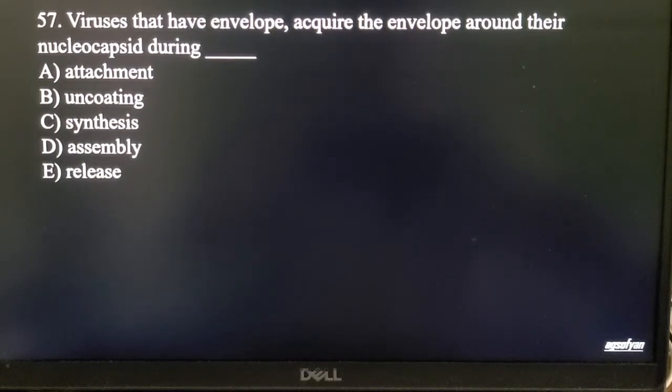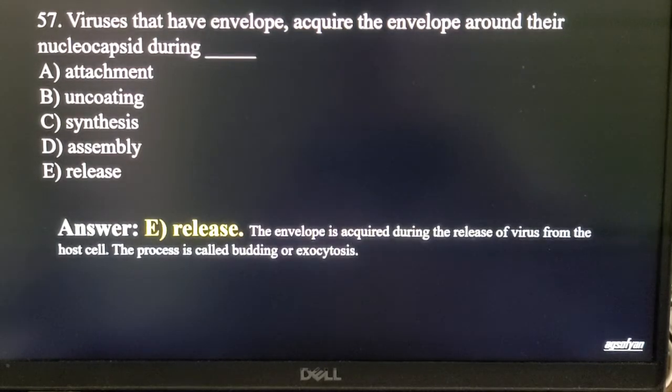57. Viruses that have an envelope acquire the envelope around their nucleocapsid during what stage of the life cycle? Attachment, uncoating, synthesis, assembly, or release? Choose your answer. Yes, of course, during release, because when animal viruses attack a human cell and then release from the cell, they carry the cell membrane of the host cell.